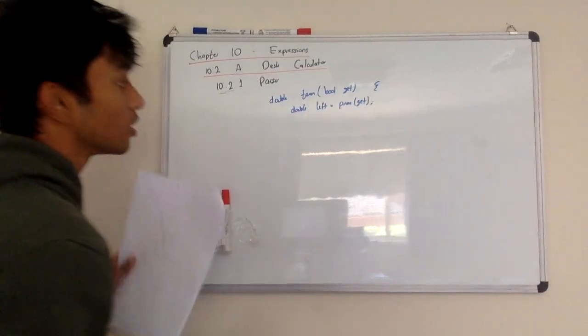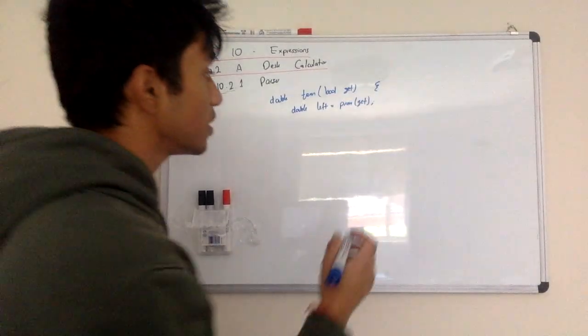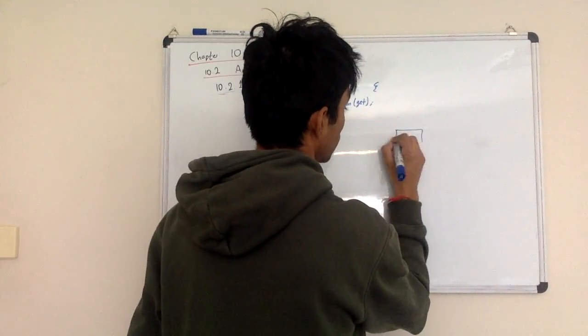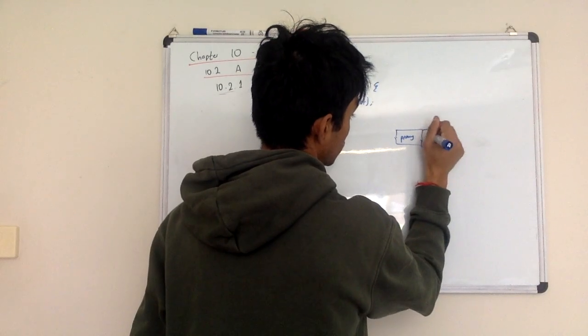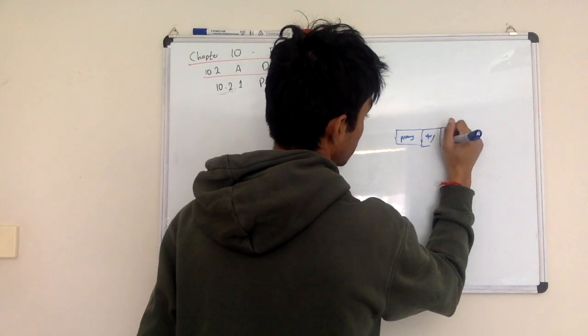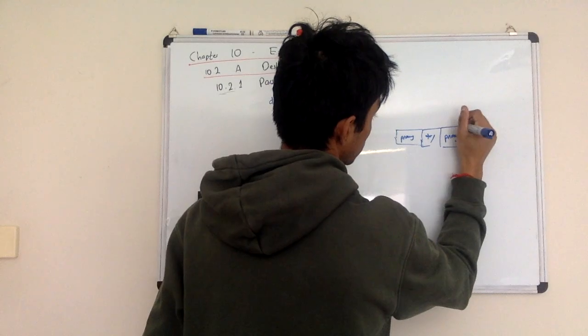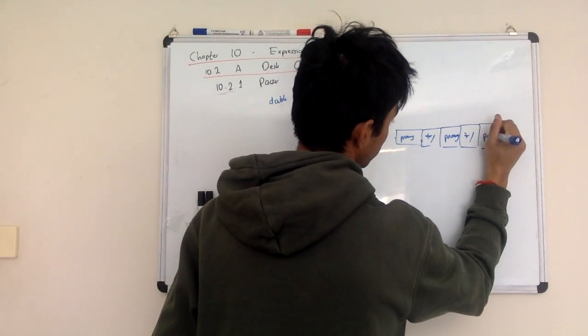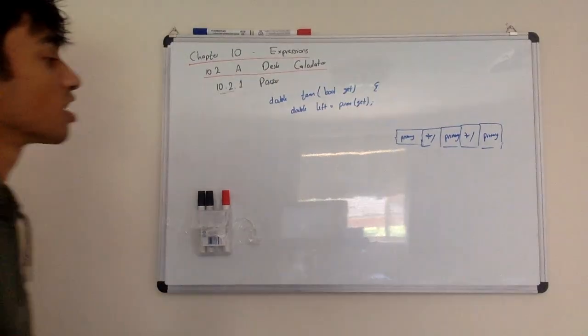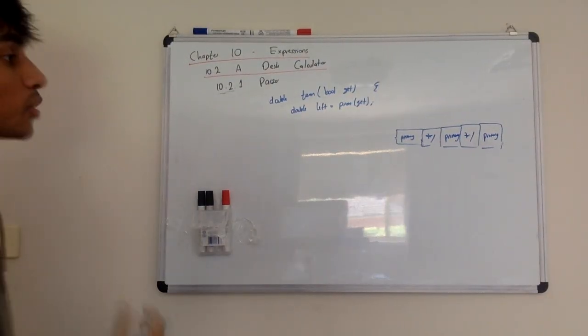Okay, so what's happening there? Remember that if we hit a term, it looks something like this: a primary, either times or divide another primary, times or divide another primary, and so on, right? Let's leave it there.